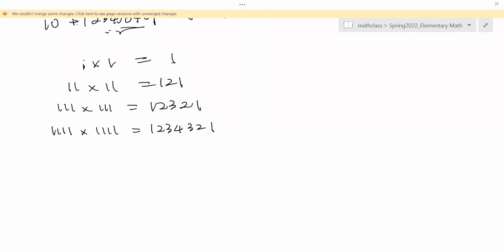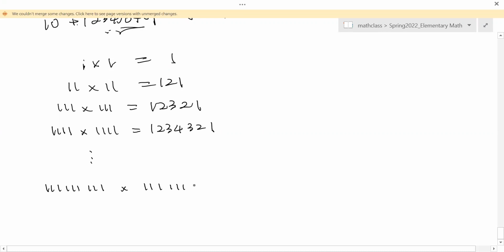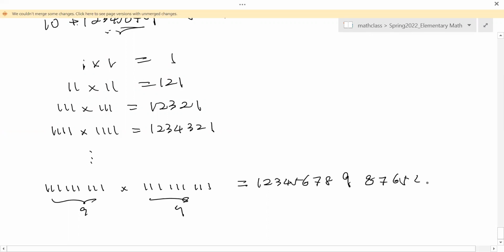So my conjecture here is, if we have 9 digits, 1, 1, 1, 1, 1, 1, 1, 1, 1 multiplied by itself, I should get 1, 2, 3, 4, 5, 6, 7, 8, and 9 should be in the middle, then 8, 7, 6, 5, 4, 3, 2, 1.